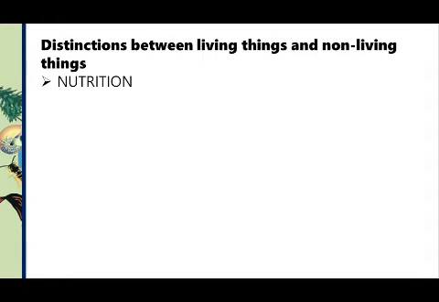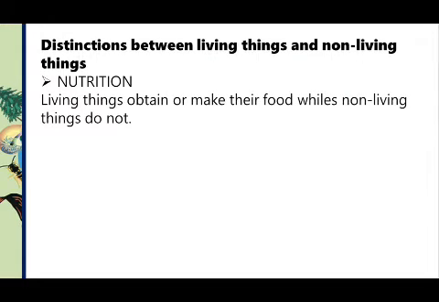With regard to nutrition, living things are able to obtain their own food or are able to make their own food, whilst non-living things don't have that capacity to obtain or make their own food. So nutrition basically is a process by which living things make or obtain their food. So it does not occur in the case of the non-living things.